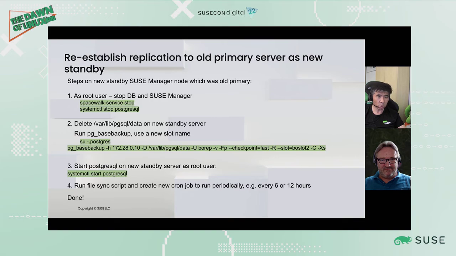So here first we switch with su postgres, and then we run the command pg_basebackup -h for the remote host, which is our current primary SUSE Manager IP address, -D in uppercase for the data directory, so where do we hold the data files, which is by default /var/lib/pgsql/data. And then -U in uppercase for user. So we use the replication user again, right?